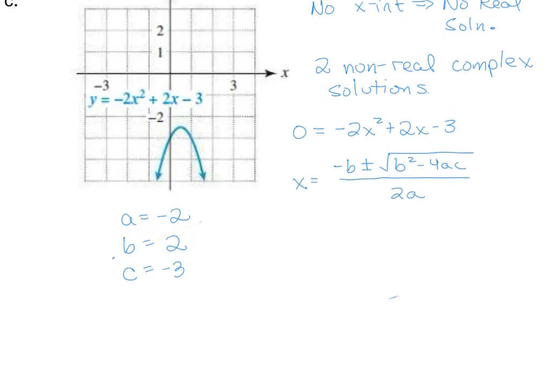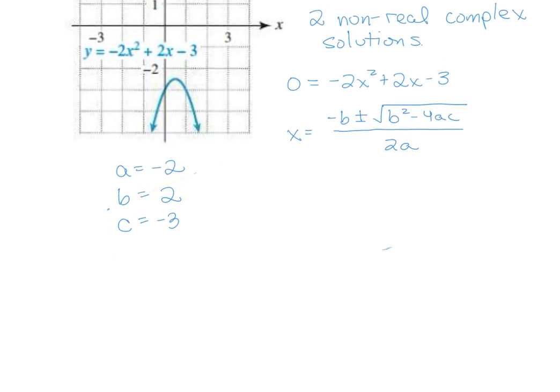And when we plug this in, we get x equals minus 2 plus or minus the square root. If we square b, we're going to end up with 4.